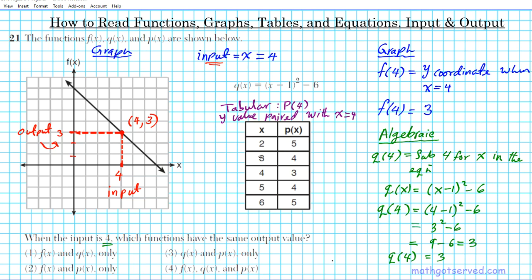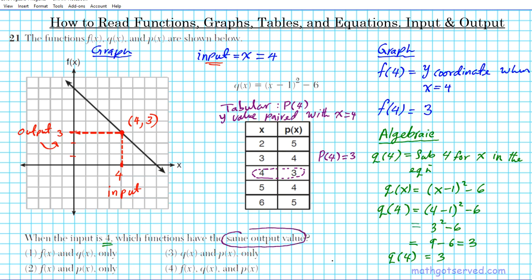What am I talking about? 2 is paired with 5, 3 with 4, 4 with 3, 5 with 4, 6 with 5. You have the pairings happen horizontally here. So for x equals 4, what y value is paired with it? It's paired with 3. So that tells us that P of 4 is equal to 3, because this is the output, or the y value, that's paired with the input, or x value, 4. The question again says, which of them have the same output value?